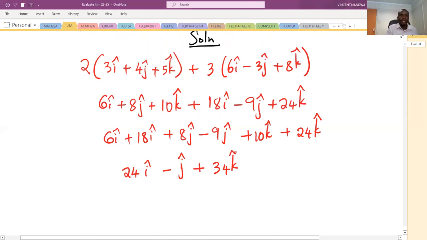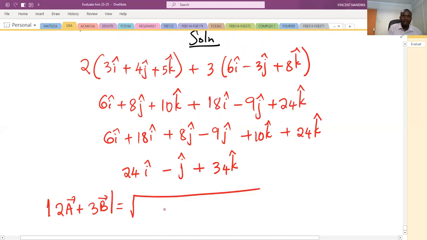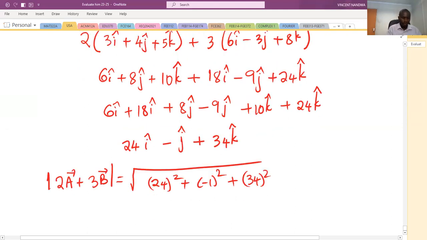And the second part, the magnitude of 2a plus 3b, will be the square root of 24 squared plus 5 squared plus 34 squared.